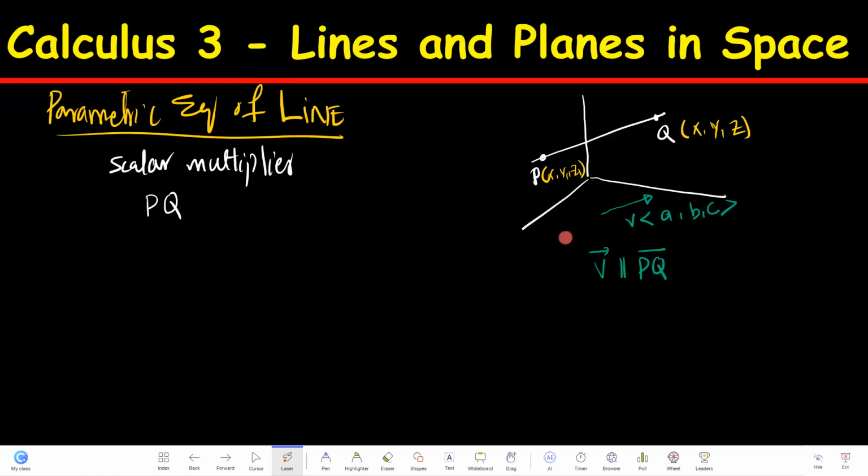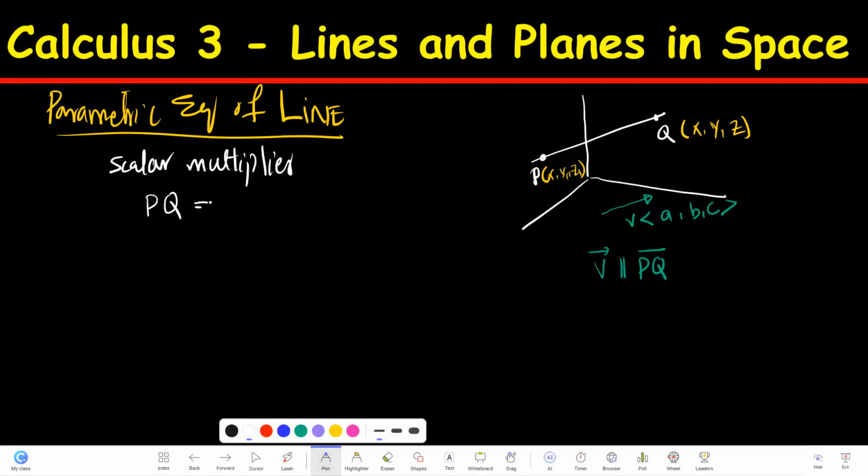Or if I have another multiplier, I say, you know what, this vector v is 5 times bigger or smaller than this PQ. So maybe this line says 1, 2, 3, 4, 5, and one of the PQs equals this v vector. So if I take this v vector and multiply by 5, I should be able to get this. Okay, and that's what we learned in our previous topics.